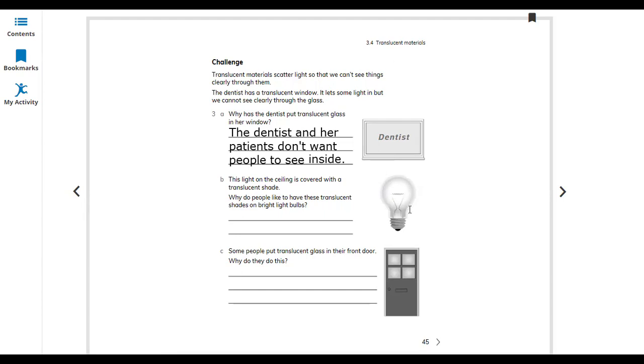So the shade stops the shininess. So we can write, people don't like to see the bright light bulb.